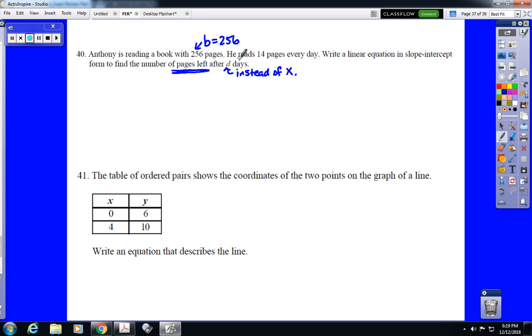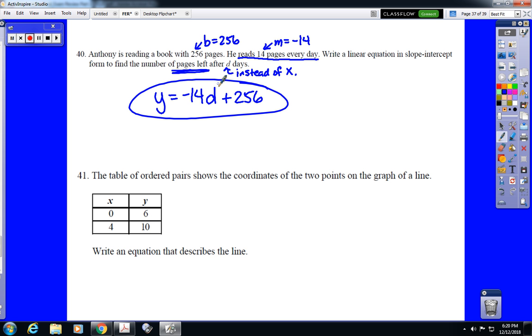If he is reading 14 pages per day, that tells us that our slope is negative 14 because there are 14 pages being removed from the number of pages left each day. So we would say y equals negative 14d, not x, because they want us to use d, plus 256. That would be the linear equation they are searching for.